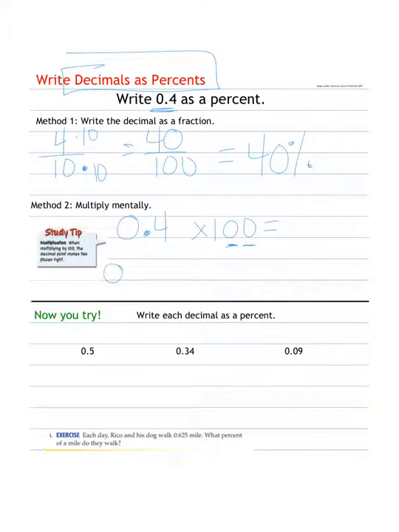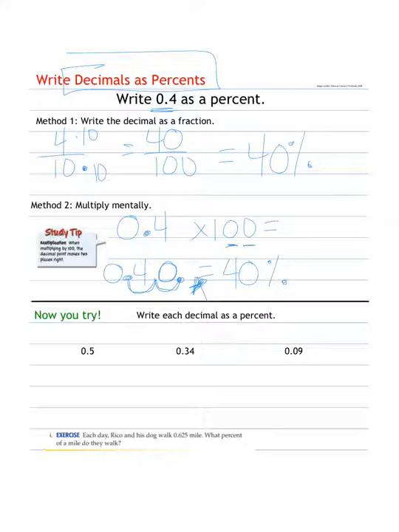So 0.4, move it 2 spots to the right, going to the right of my 4 and then another spot. Then I have to add a 0 here, which is going to be 40, and then add my percent. I don't have to add any more zeros after here, because once we have a whole number with a decimal after it, all the zeros after the decimal are just dropped.